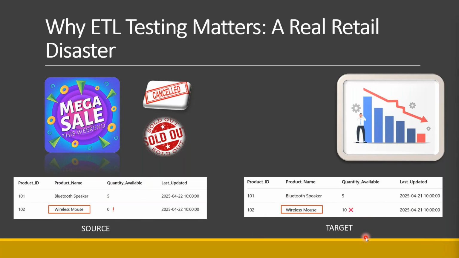Target means destination. So the end user will always see what is present in the target. But if the target information is wrong, here the last updated is correct, but somehow some ETL job failed. Due to that failure, this information was not passed on to the target. That is where the customers made wrong purchases.